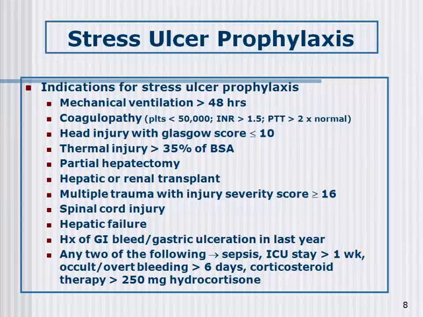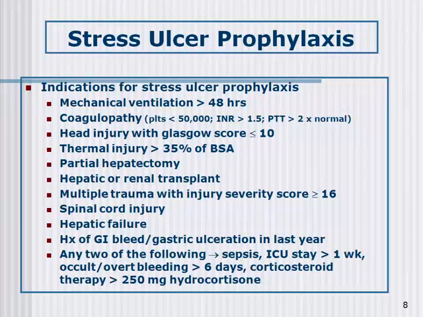Patients who have coagulopathy, which is defined as platelet counts less than 50,000 and INR above 1.5, and a partial thromboplastin time greater than 2 times the normal baseline, should receive stress ulcer prophylaxis. Head injury with a Glasgow score less than 10, 15 is essentially normal, so anything less than 10.